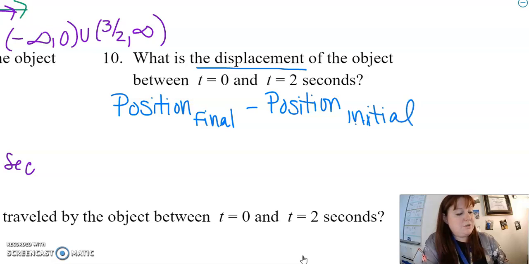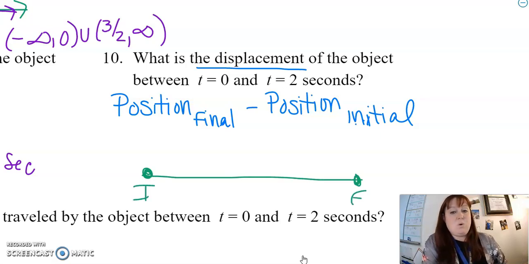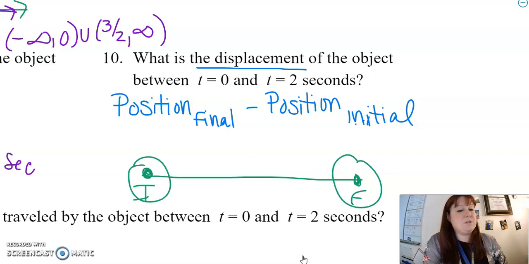Because what we're trying to do is figure out if it started here and it ended here, we need to find the distance in between those 2 objects. Well, how do we find the distance between any 2 objects on a number line? We subtract. We take this one minus this one. Okay, so displacement is just final position minus initial position.